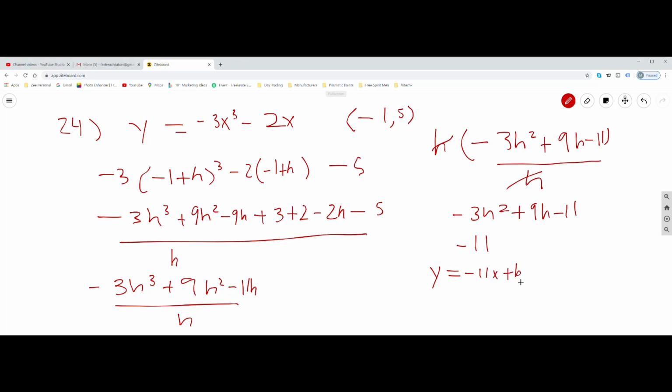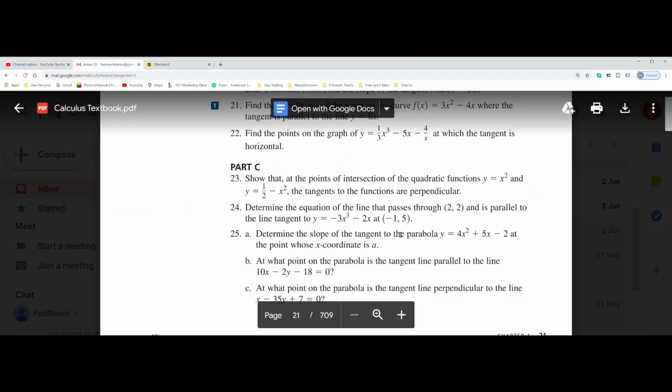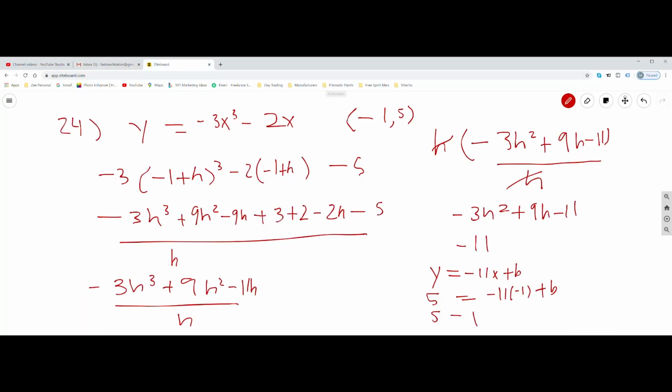Substitute the points you know. So 5 equals negative 11 times negative 1 plus b. Oh, so you have to do 2 and 2, sorry.